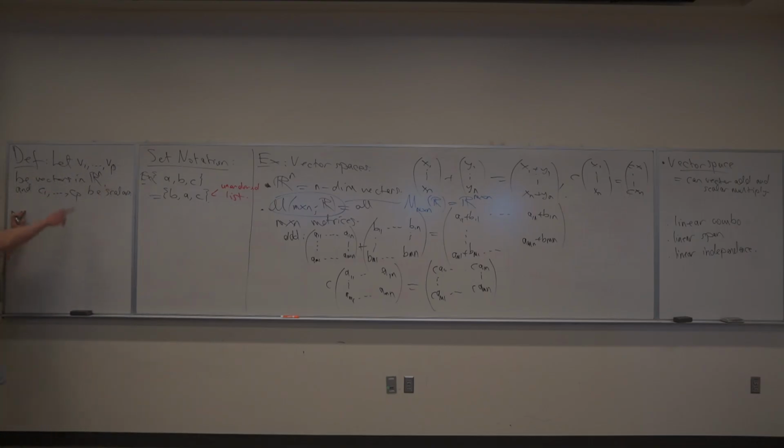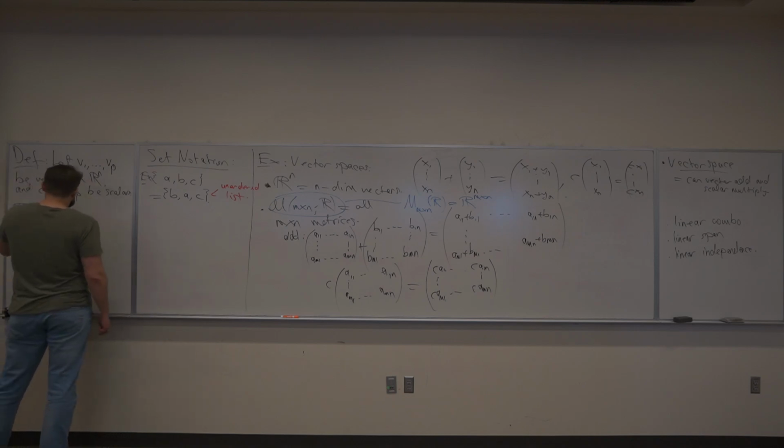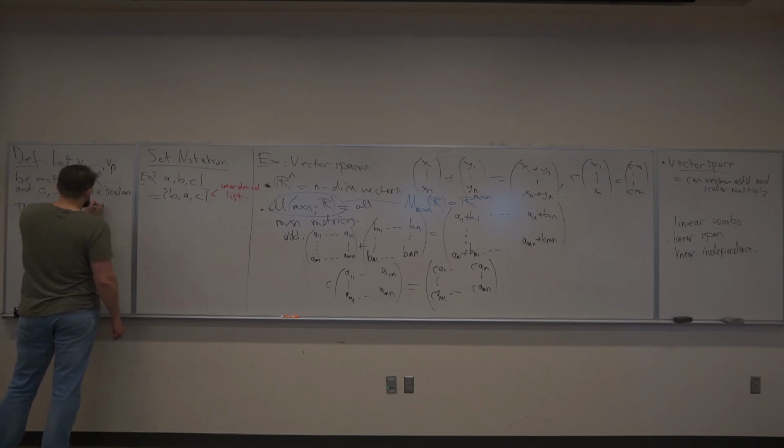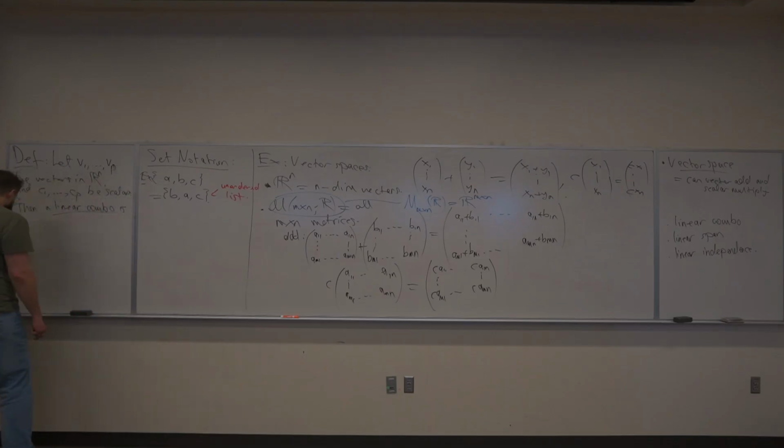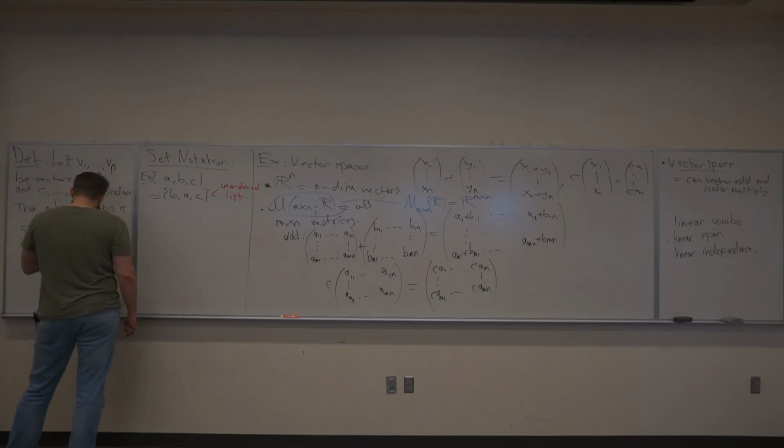Then what I'm going to do is take vi, scale it by ci. Again, I have p many vectors. Then add all of them up. That's what is called a linear combination. The combo is c1 times v1 plus c2 times v2 plus dot dot dot plus cp times vp.